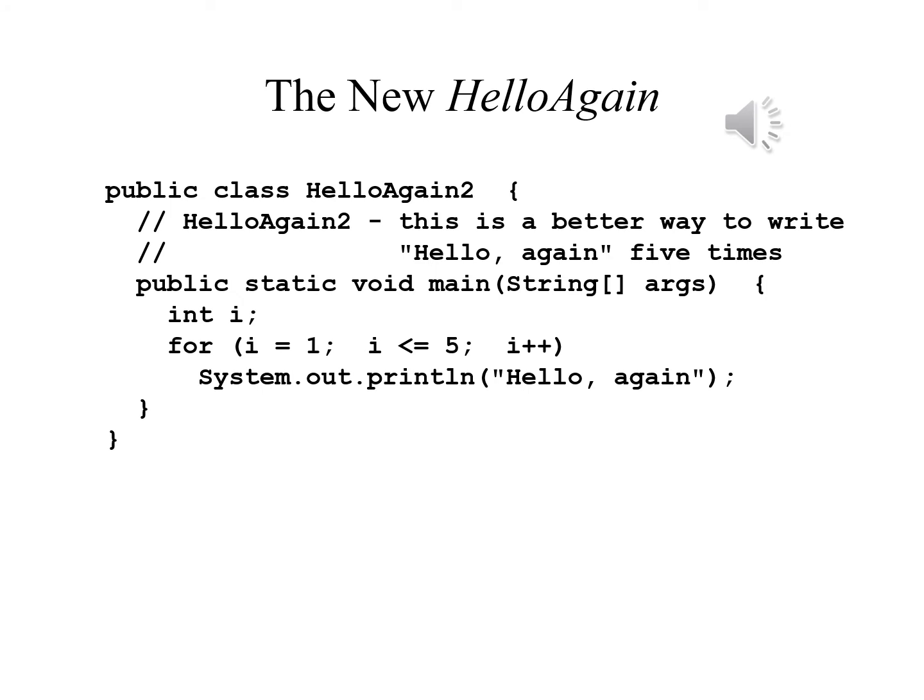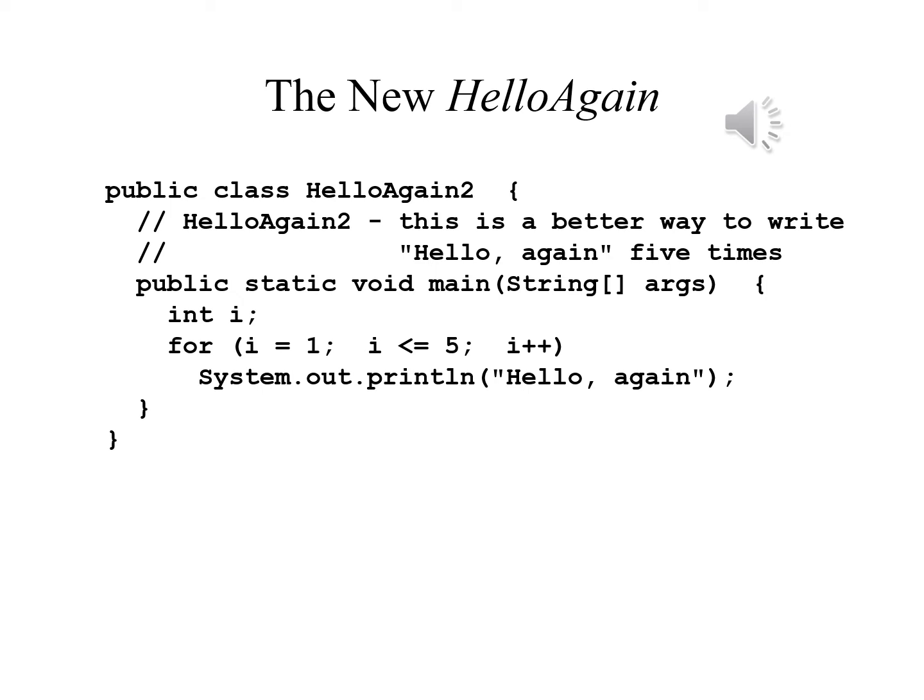Now that we've seen how to write a for loop, let's use it and rewrite HelloAgain. Public class HelloAgain, and our introductory comment, HelloAgain. This is a better way to write hello again 5 times.